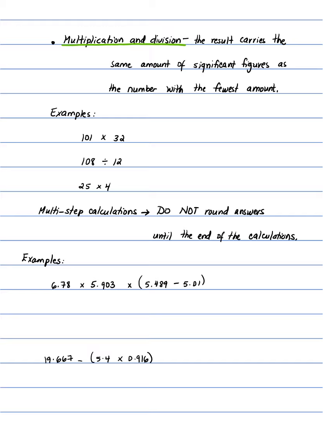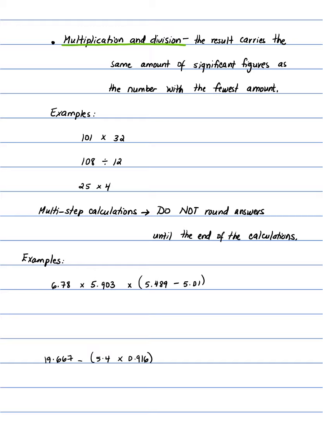The second rule is for multiplication and division. Now, when you're looking at mathematical operations involving multiplication and division, we don't have to look at the number of decimal places. Now we're looking at how many significant figures you have in each number in your mathematical operation, okay? So just significant digits.